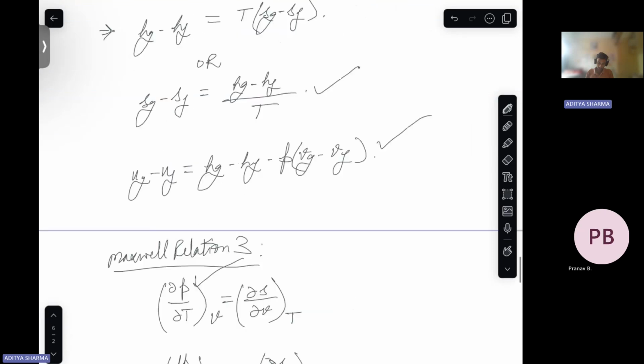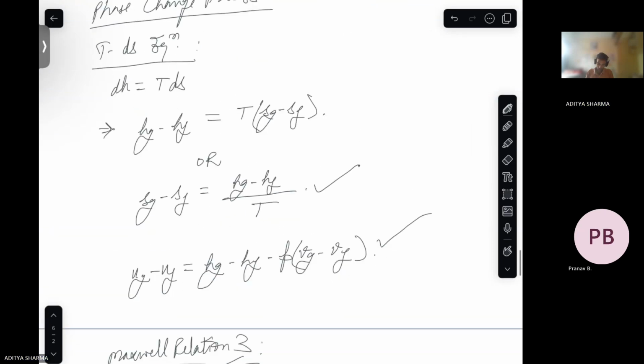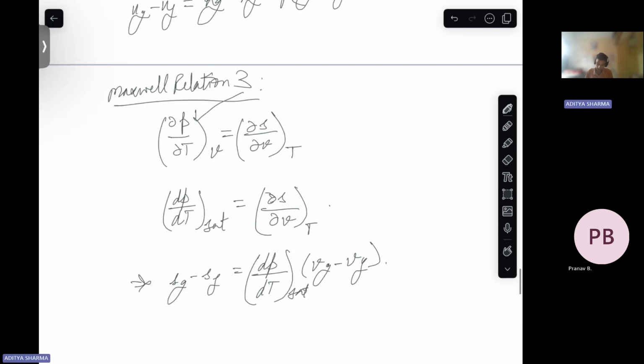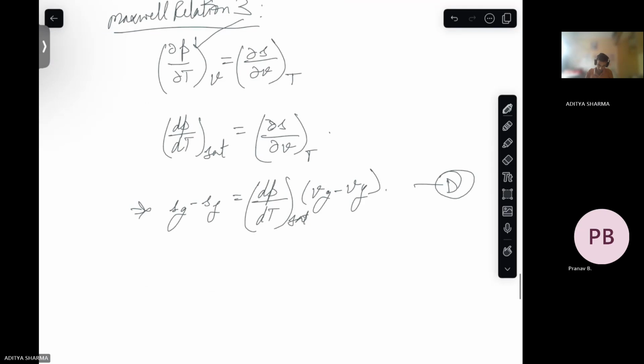Now if you see, we have this C and this D, right? If we compare these two, from C and D, what do we get?